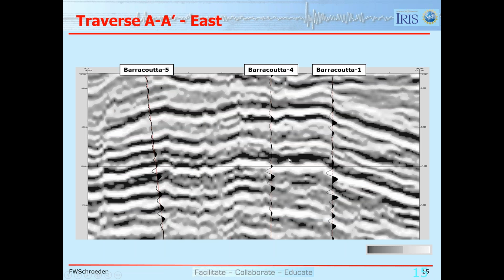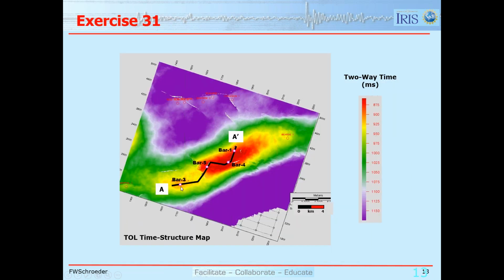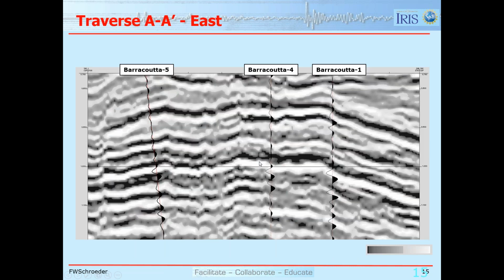So in the exercise, you're given a transect. Let me go back up 2 slides. So transect A to A prime. I have the eastern part on the next slide, which has the Barracuda 5, the Barracuda 4, and the Barracuda 1 well.